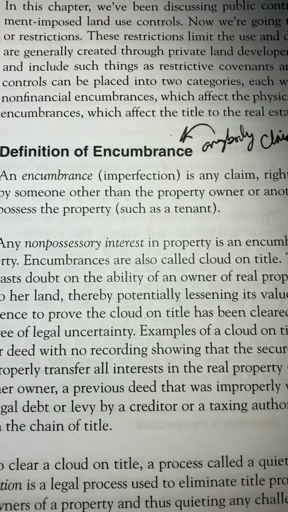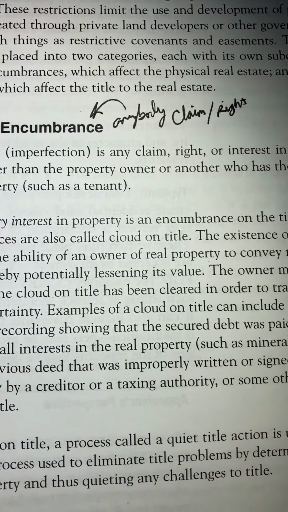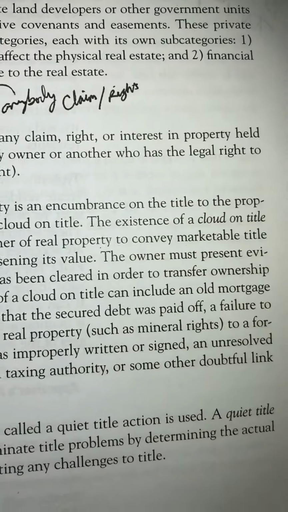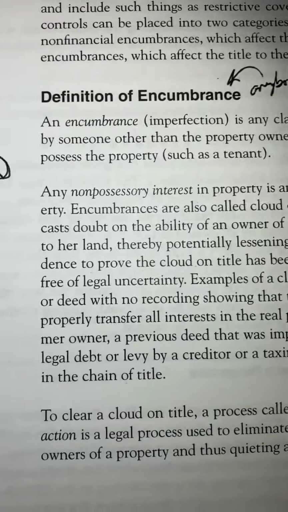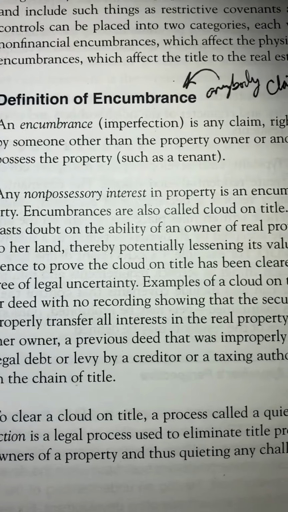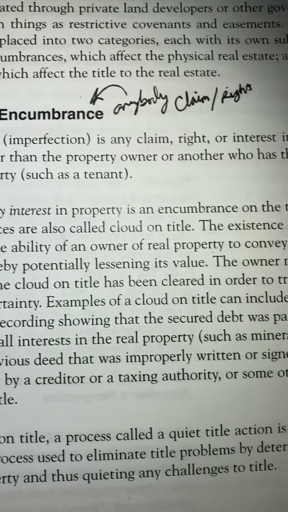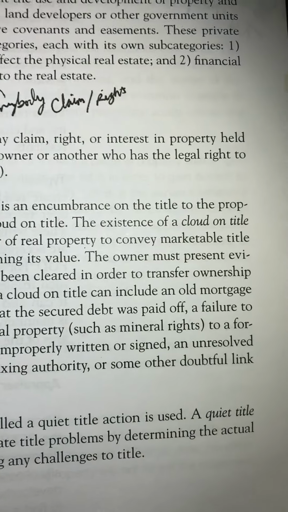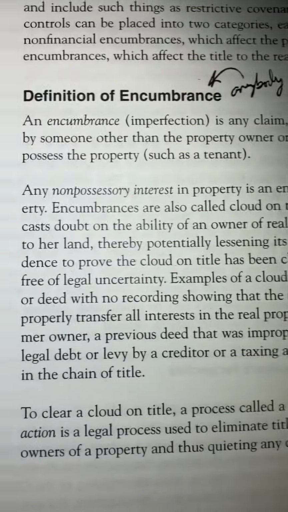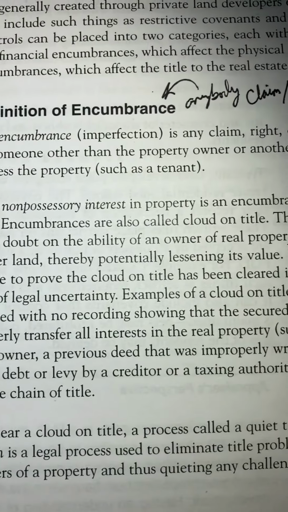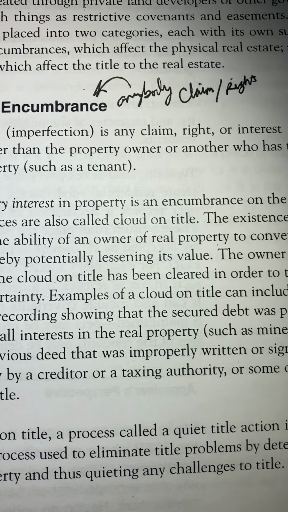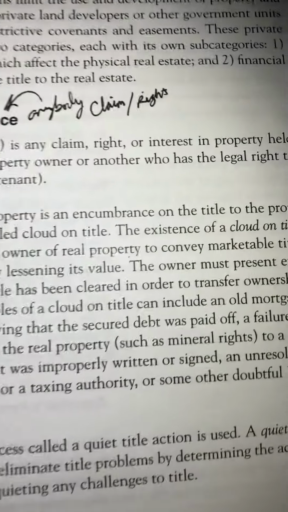Any non-possessory interest in property is an encumbrance on the title to the property. Encumbrances are also called cloud on title. The existence of a cloud on title casts doubt on the ability of an owner of real property to convey marketable title to her land, thereby potentially lessening its value.